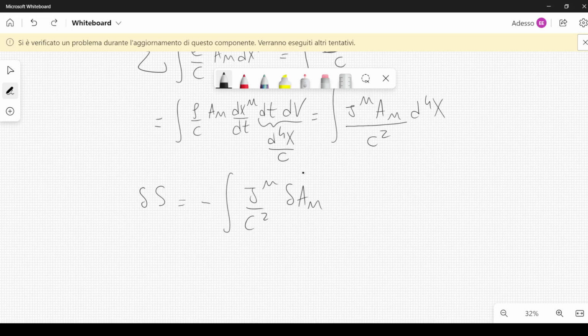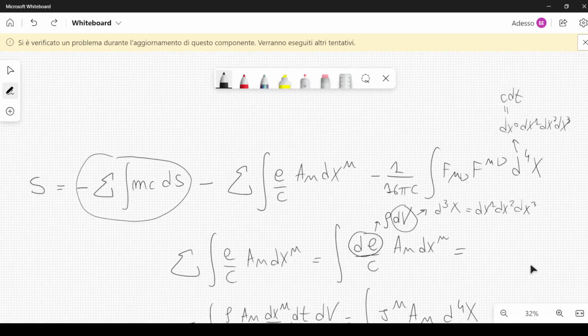We are just going to vary the field. So we have delta A mu, and remember that the variation of this term here was also 0, because as I said, this is still related to the motion of the charges.